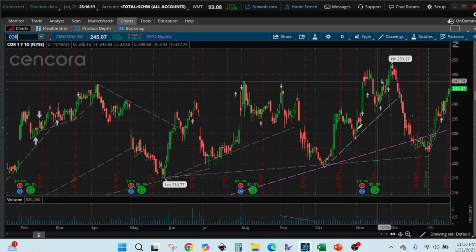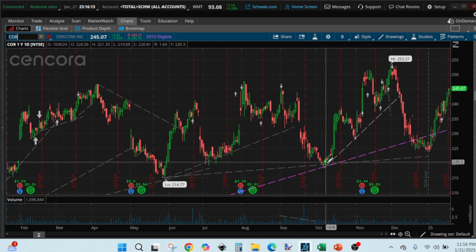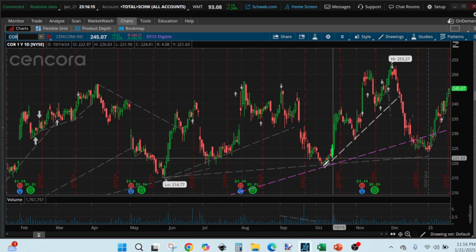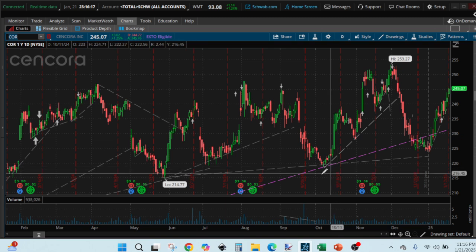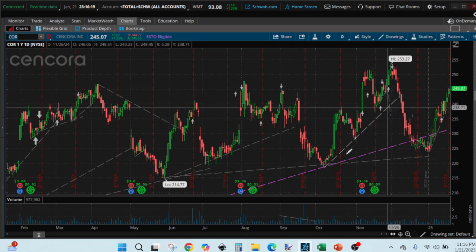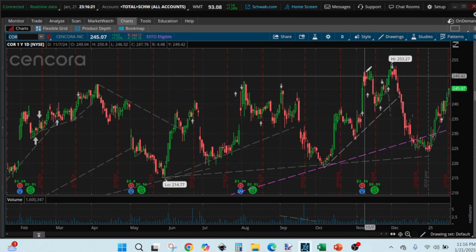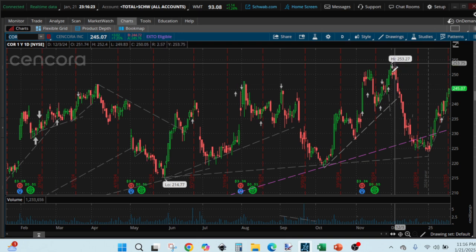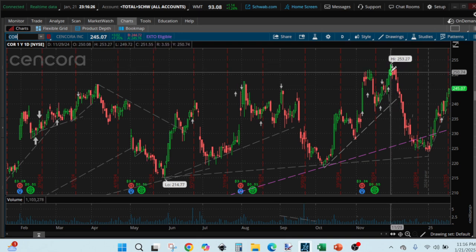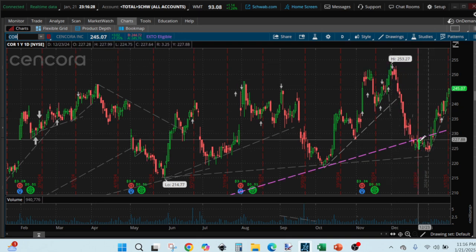In this area though, when it left that trend line and started going up, it created a shorter trend line along the way and created two mountains, and the third one was when it pulled back all the way again.